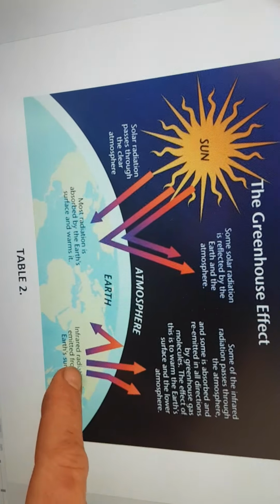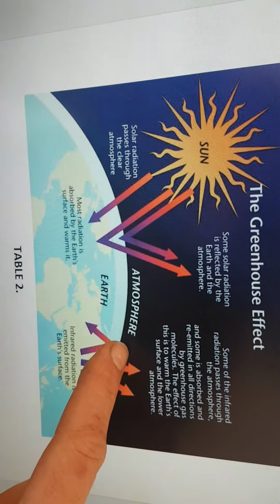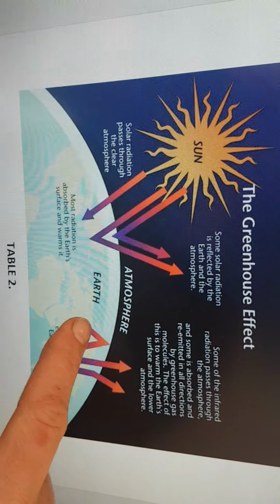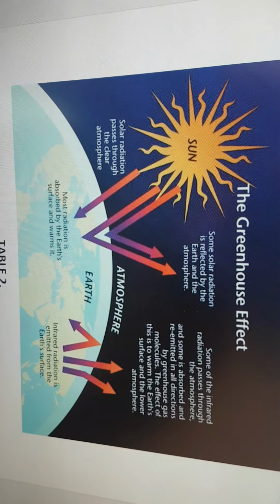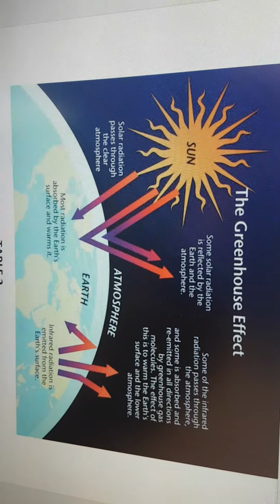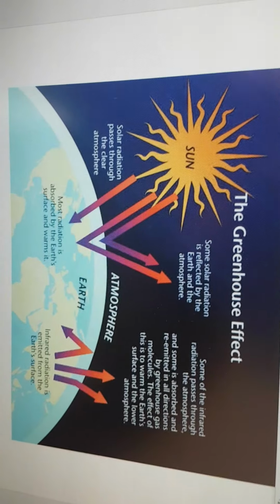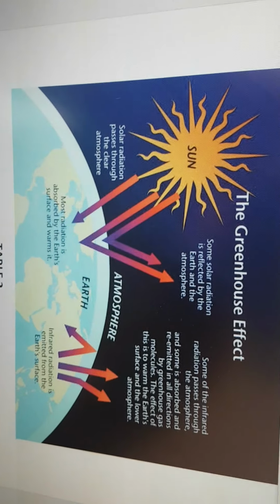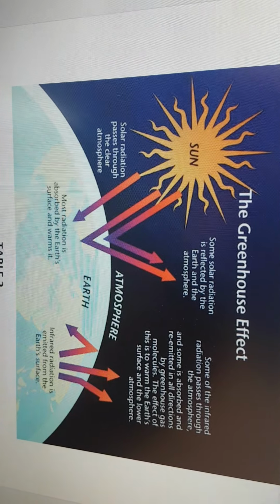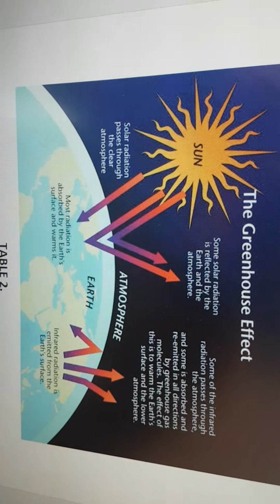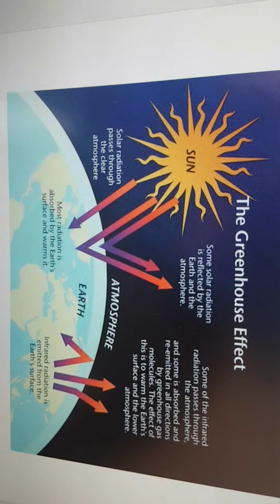And quite a lot of that infrared radiation duly escapes into space, but some of that infrared radiation is absorbed instead by greenhouse gases in the atmosphere. When those greenhouse gases absorb that infrared radiation, they vibrate more, meaning their kinetic energy increases. And if their kinetic energy is increasing, they are, of course, getting hotter. And therefore, they cause the atmosphere to warm up.